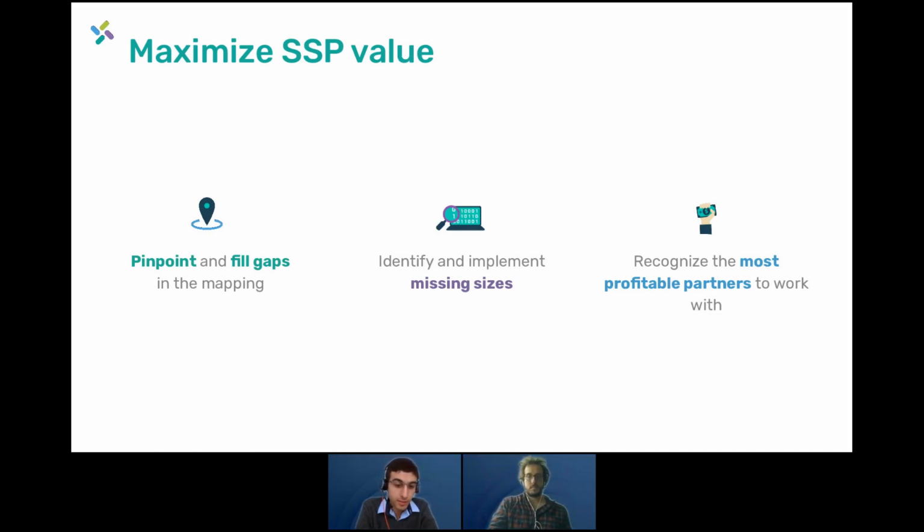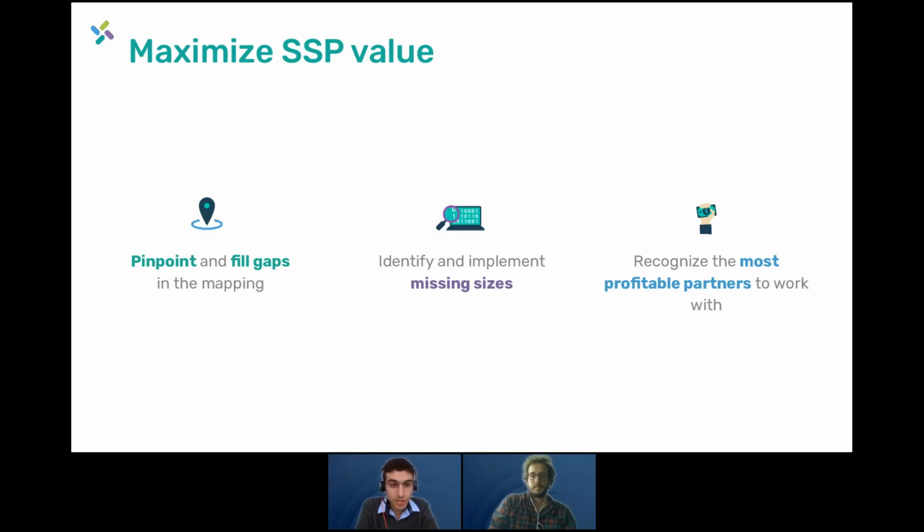So very simply, having access to well-organized and very granular analytics data will help you spot immediately if you have an ad unit that is not plugged into an SSP, or if you have maybe an ad unit on mobile or desktop that is not plugged into an SSP.